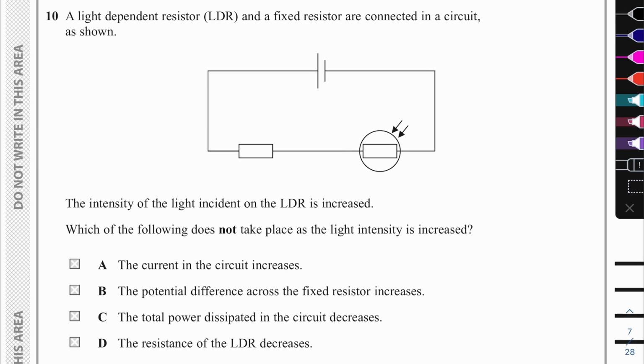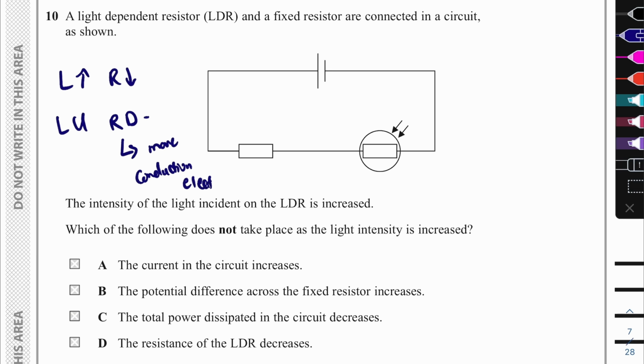So let's see. When the light intensity goes up, resistance goes down. I remember it as lights up, resistance down. So we know the resistance is going down. Because the resistance is going down, we can say that more conduction electrons are being released.